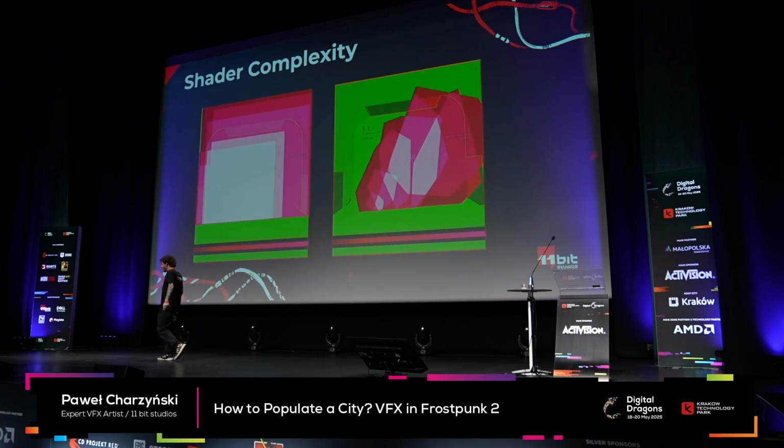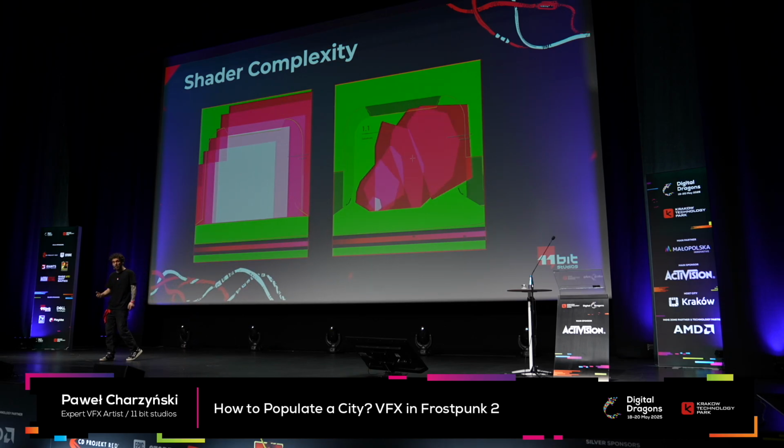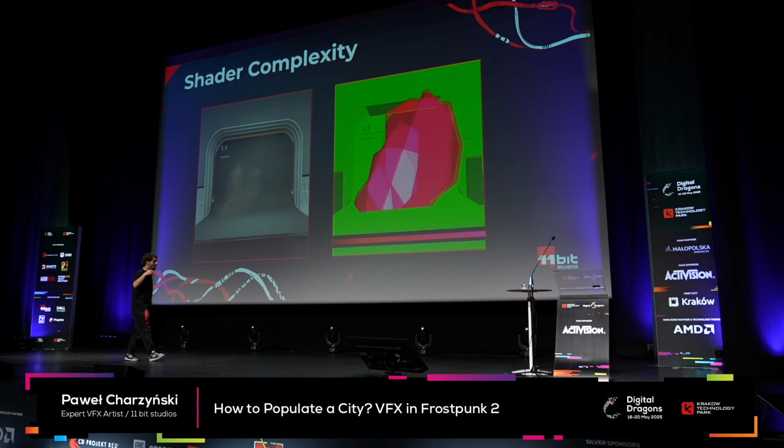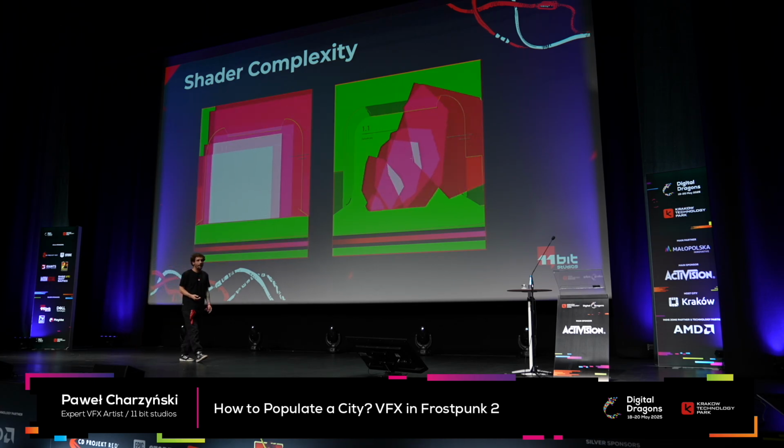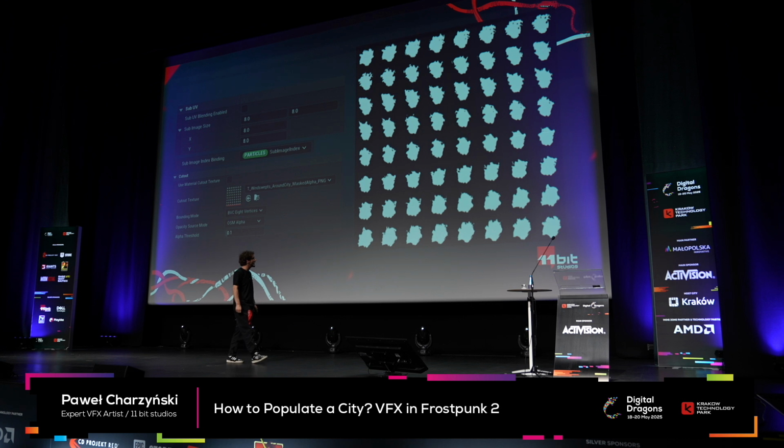When I'm making my smoke textures or something like that, I export a pre-multiplied alpha, so it's just information from 0 to 1. It doesn't have any grayscale or something like that, so it won't be as edgy as it is.